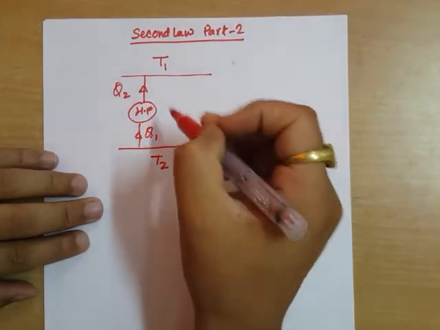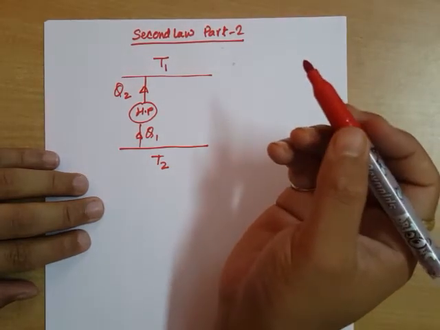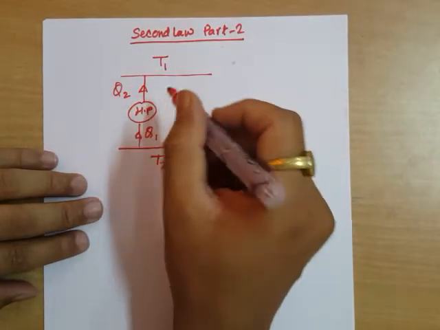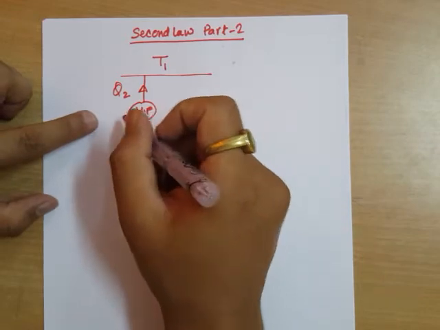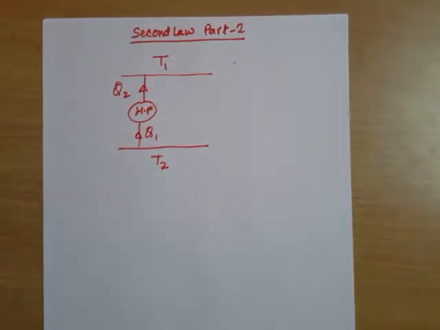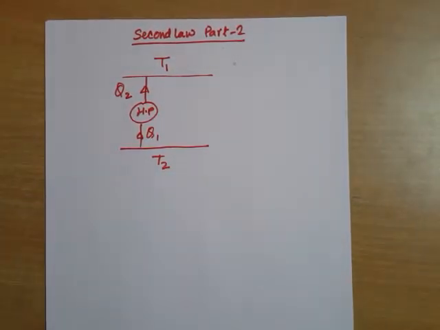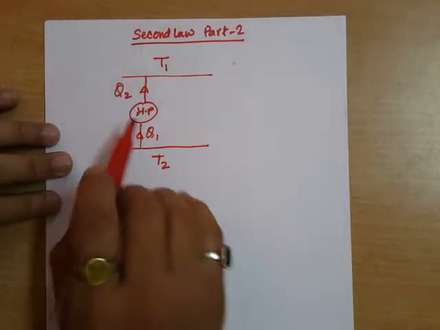Now, if you look at this, it seems to us that this is a violation of the Clausius statement, and it is true. Why? Because there is no work interaction involved here.